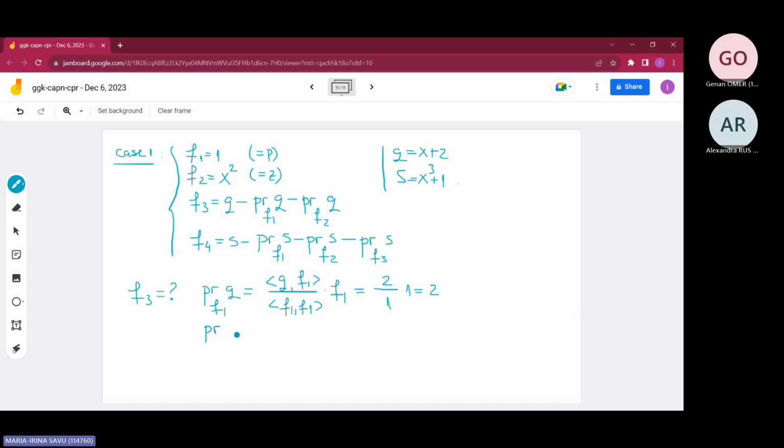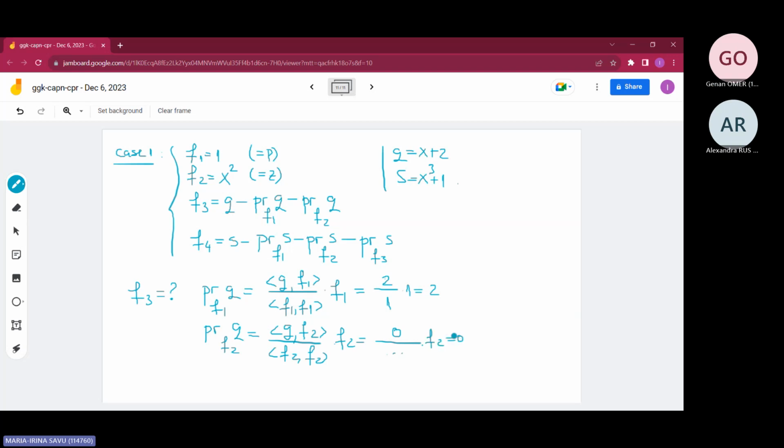And the projection of Q onto F2 will be the inner product of Q and F2 over F2 with F2, times F2. It's not 1, it's 0, because it's F2.